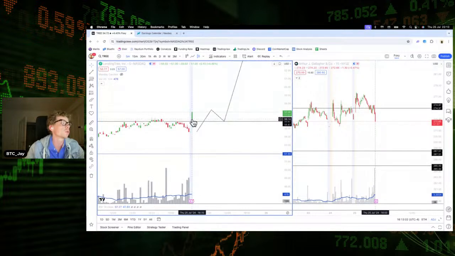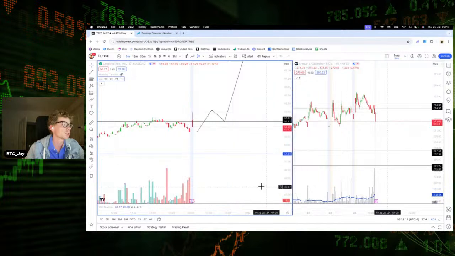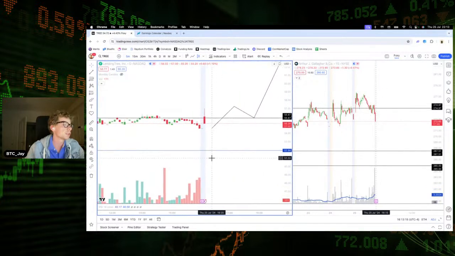So kind of to filter out whether this is a legitimate break, you would want to see a good amount of volume pop in. I'll just put this to default settings. Let me see, reset settings, just like this. See how quickly this candlestick now changes from, it was just trading at 57 bucks, right? Just a second ago.